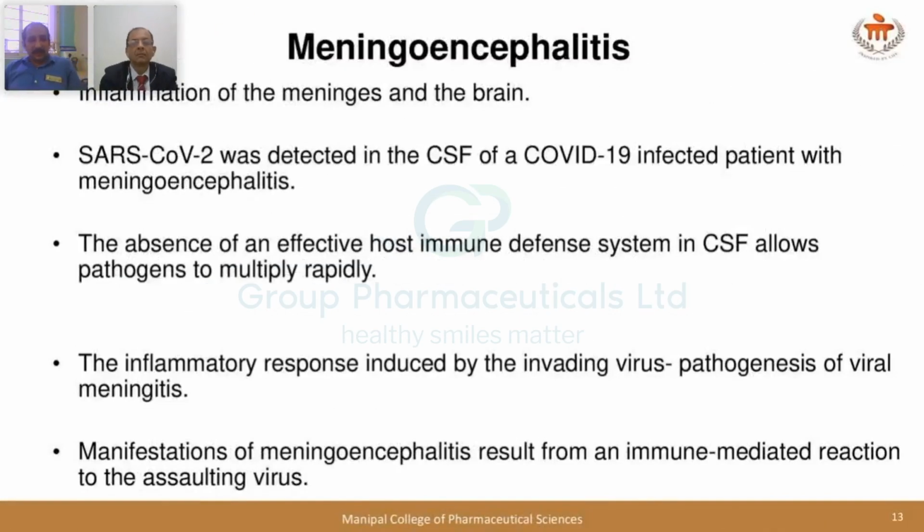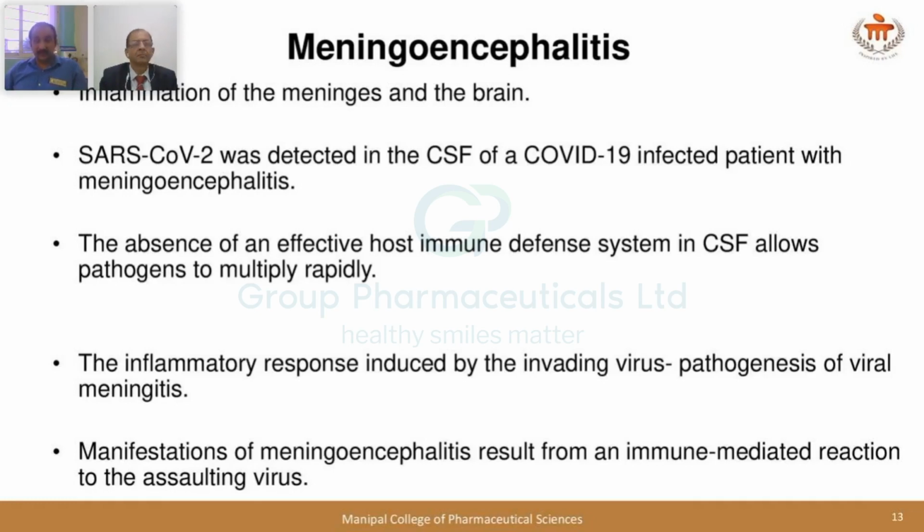Then coming to meningoencephalitis. Here there is an inflammation that happens in the meninges and the brain. One of the interesting cases was a COVID-19 patient with meningoencephalitis, in whose CSF the SARS-CoV-2 virus was detected. One of the important aspects regarding the CSF is that the host immune defense system in the CSF is not that strong compared with the other immune defenses prevailing in the body.